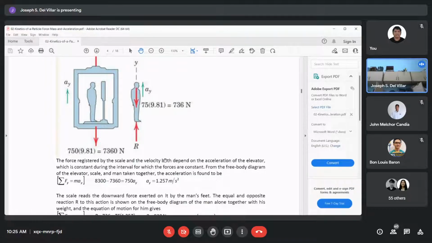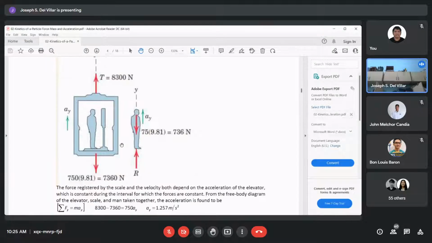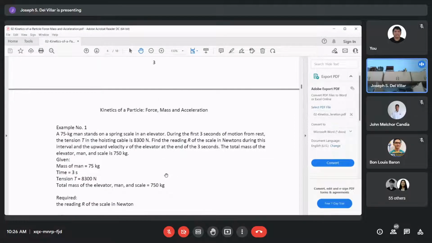And then the other one is yung pagkuha ng reading, kasi dito is the reading of the scale. So yung reading ng scale, take note na ang nakatayo lang sa scale yung tao. So we consider only the man. We do not consider anymore the elevator. Okay? So if you analyze carefully, find the reading of the scale.